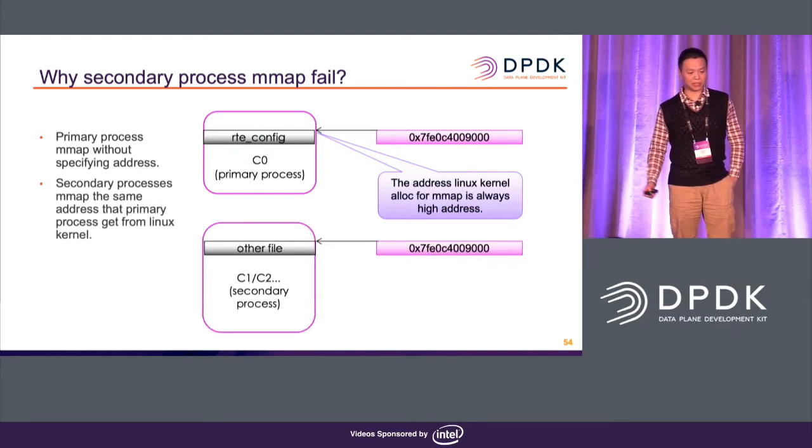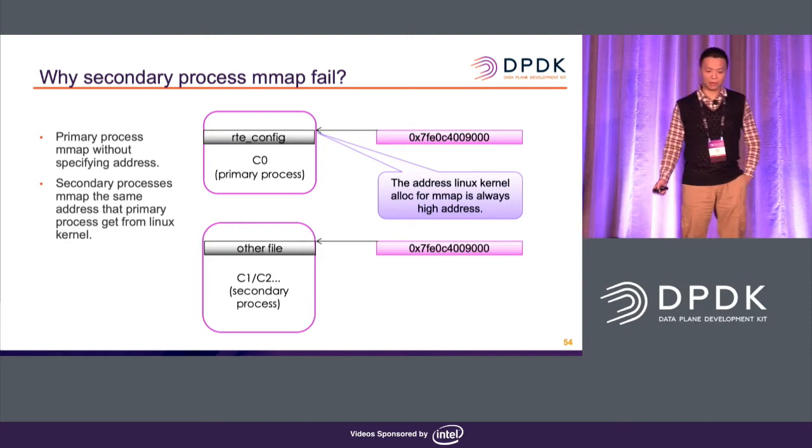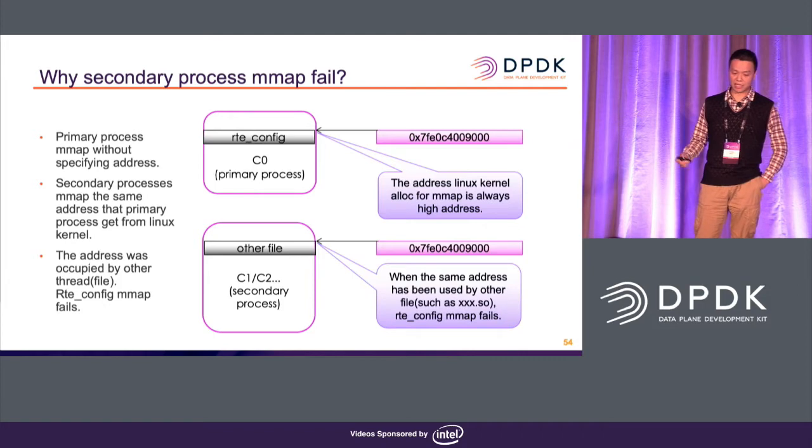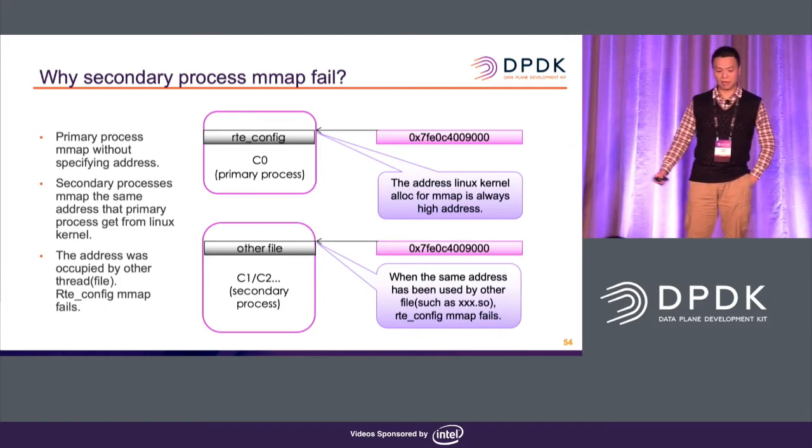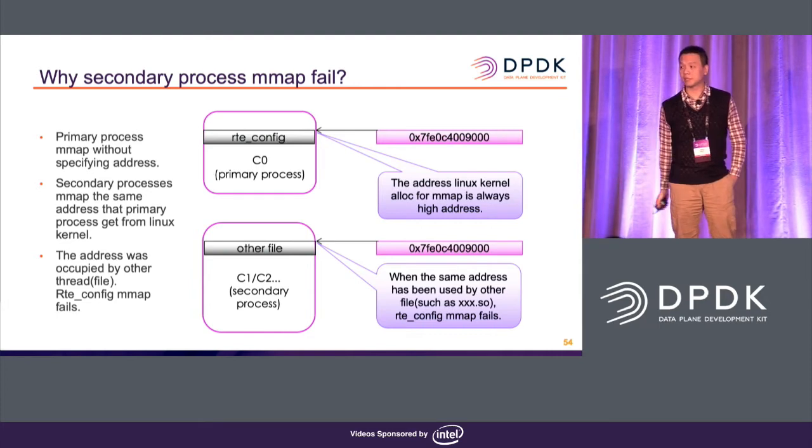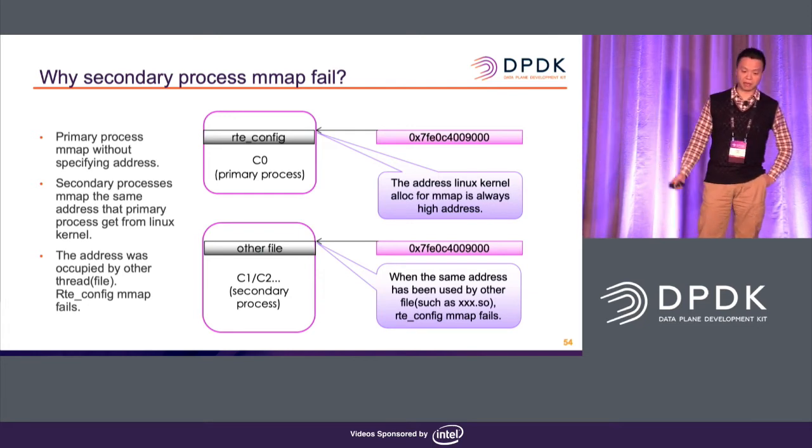And when the secondary process mmaps the same address, what if the address has been used by another file, such as other dynamic libraries? When this happens, the secondary process may fail to mmap.